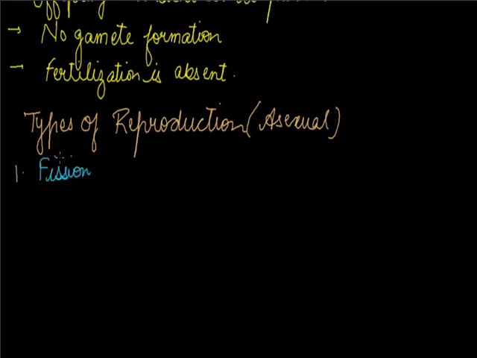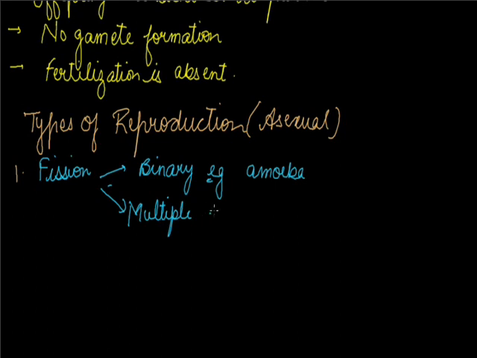Fission means division in which the organism is split. Fission involves two types, like binary fission and multiple fission. Example of multiple fission is Plasmodium.